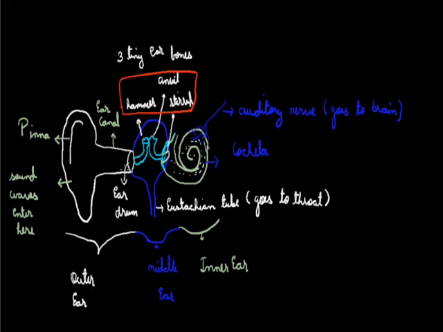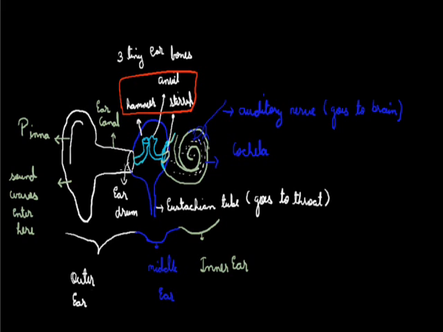Thus, when the sound waves fall on the eardrum, it starts vibrating back and forth, and these vibrations are very rapid, meaning they are very fast.